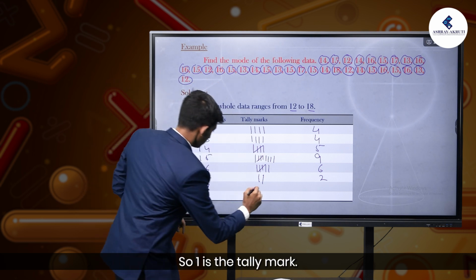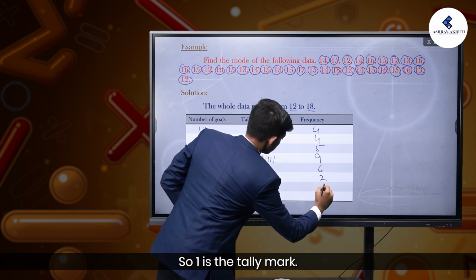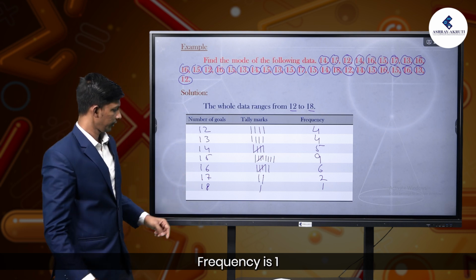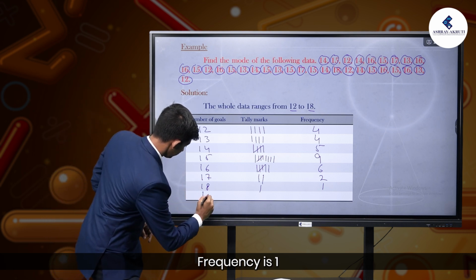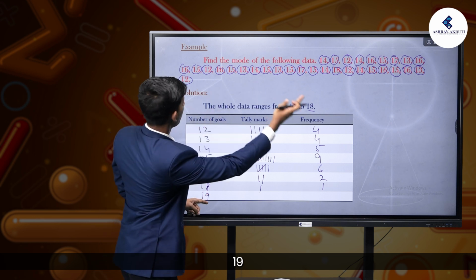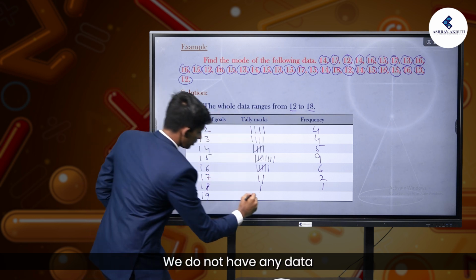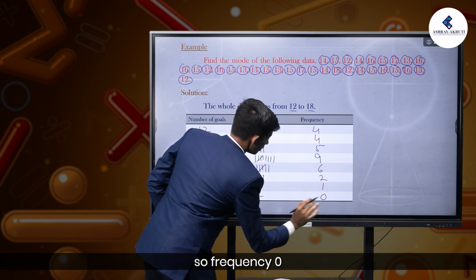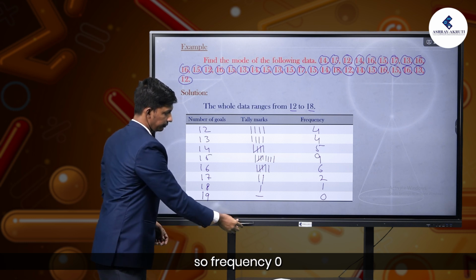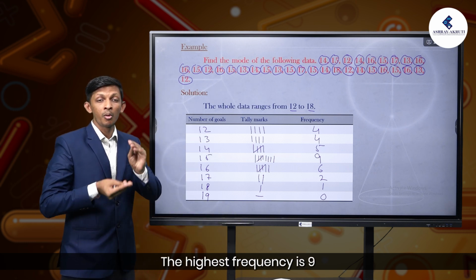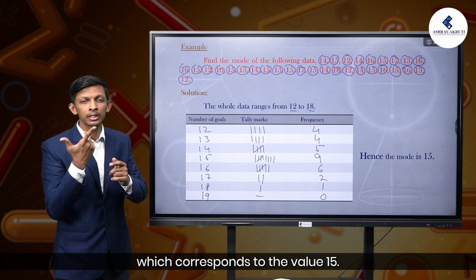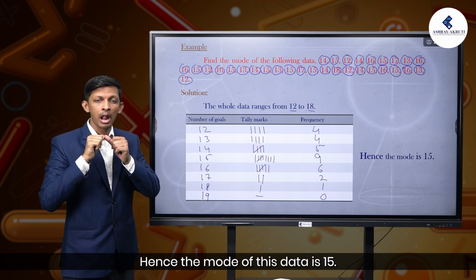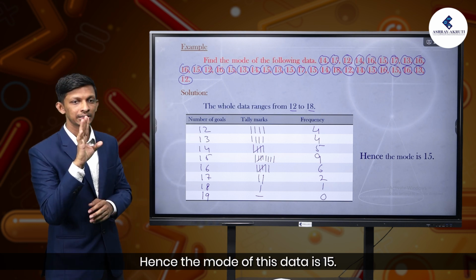So 1 is the tally mark and the frequency is 1. For 19, we do not have any data, so the frequency is 0. The highest frequency is 9, which corresponds to the value 15. Hence, the mode of this data is 15.